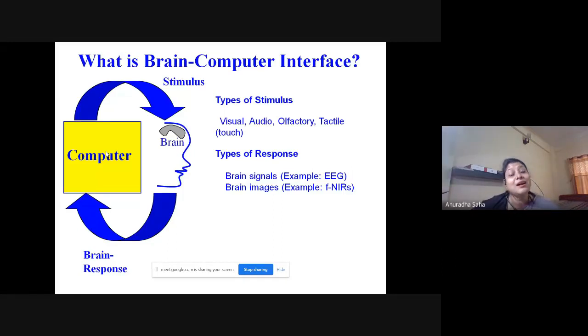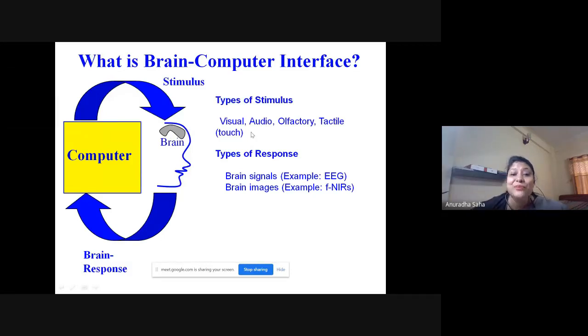There is an establishment of a linkage between the brain and the computer. So these are the stimulus and these are the brain responses we have received from the human brain.